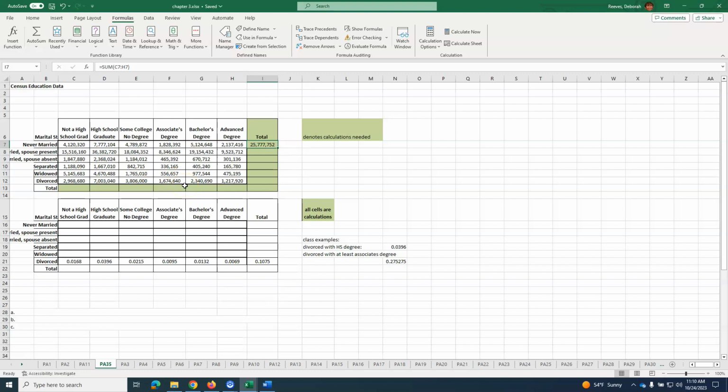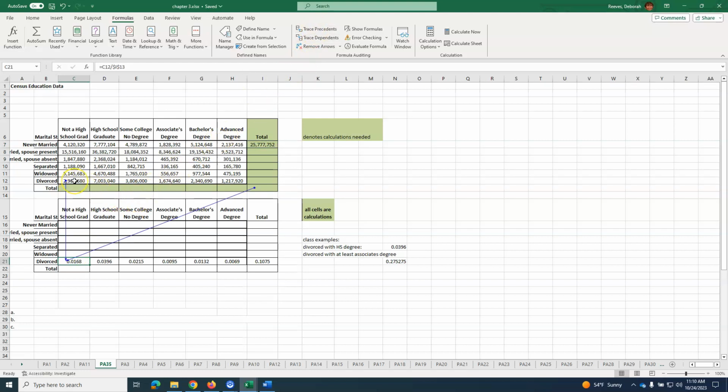So the first question is, the probability that a person is divorced and has a bachelor's degree. So you have to do these probabilities here. So I left divorced, and these are the examples that we're doing. So down here, I'll show you what the things are.